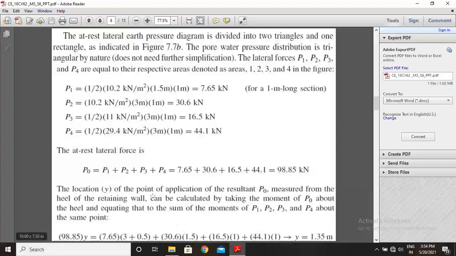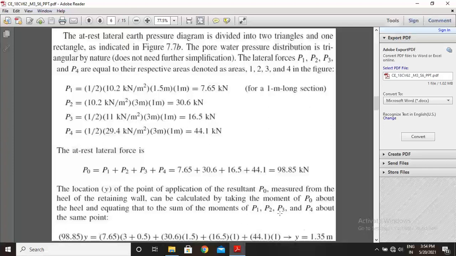The location Y of the point of application of the resultant P0, measured from the heel of the retaining wall, can be calculated by taking the moment of P0 about the heel and equating that to the sum of the moments of P1, P2, P3 and P4 about the same point.